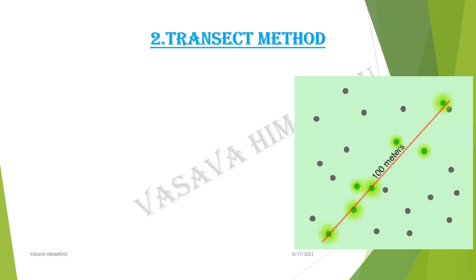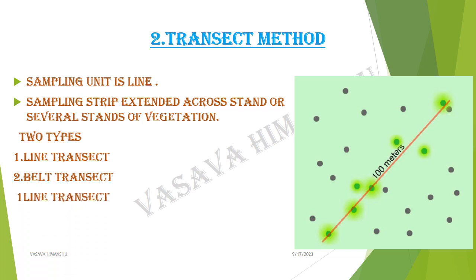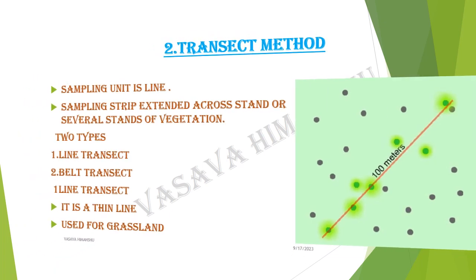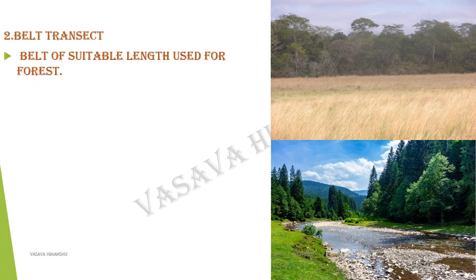Second is the transect method. The sampling unit is a line. A sampling strip is extended across a stand or several stands of vegetation. This is of two types, line transect and belt transect. Line transect is a thin line used for grassland, and belt transect, a belt of suitable width, is used for forest.